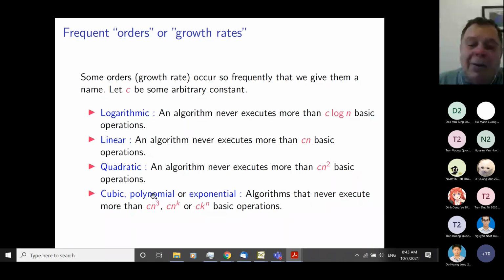Except to say that if an algorithm is running in polynomial time, it's considered to be good compared to those running in exponential time. Exponential time means that the time grows as some constant k to the power of n. You know that an exponential function grows very quickly. So if the running time is growing at that speed, that's not a good algorithm.